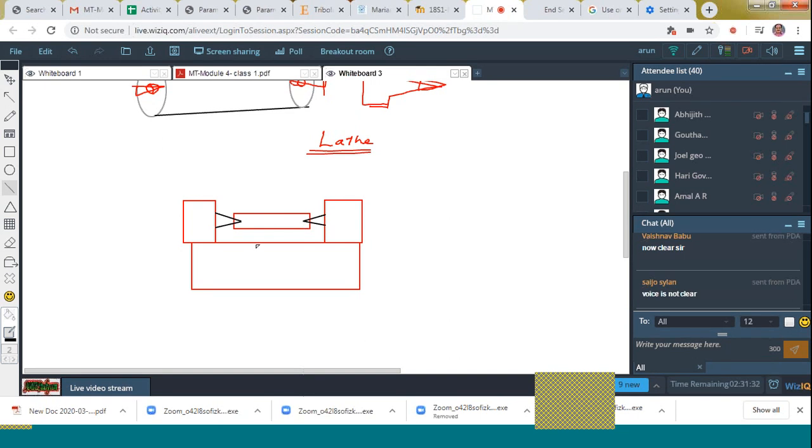Then another thing is there. A workpiece is here like this, and I want to machine a circular surface, the top surface. This is the workpiece.